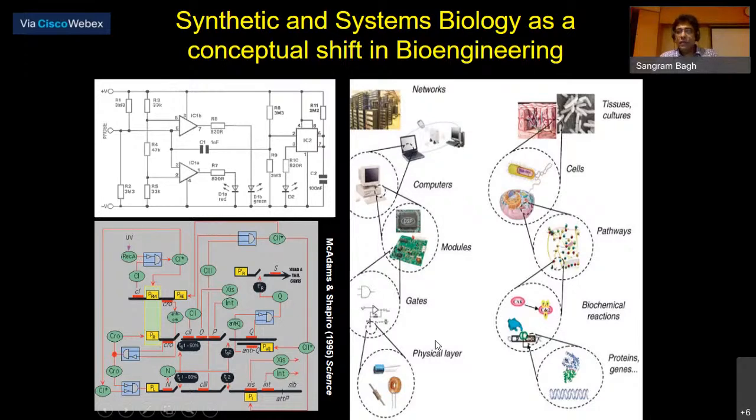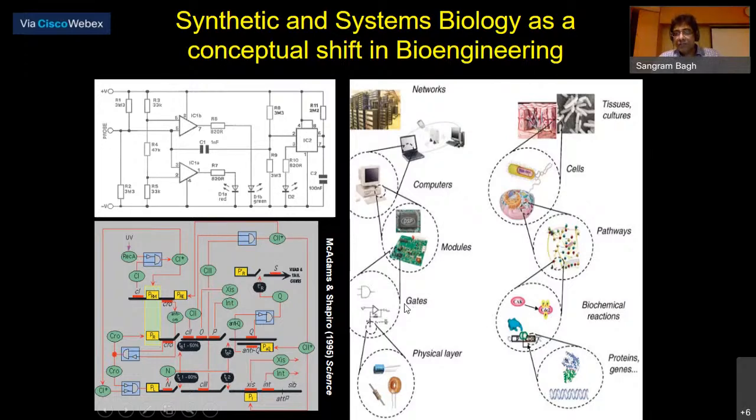So the whole idea is that you want to develop new biological systems or pathways following those rules. You take proteins and genes, and develop biological gates in terms of biological reactions. When you have the gates, we know from electronics engineering how these gates can be assembled to develop a computational function.